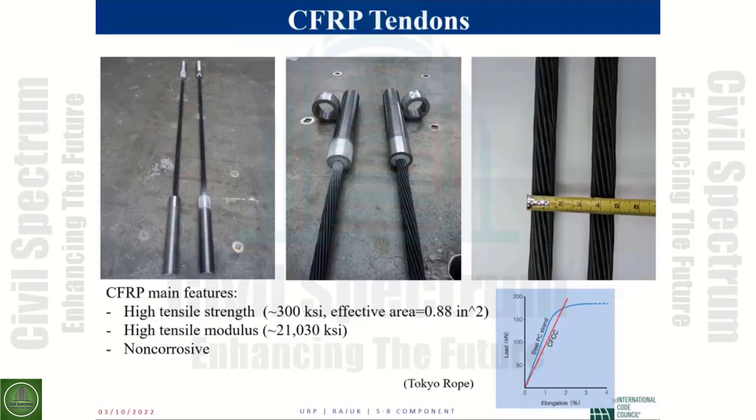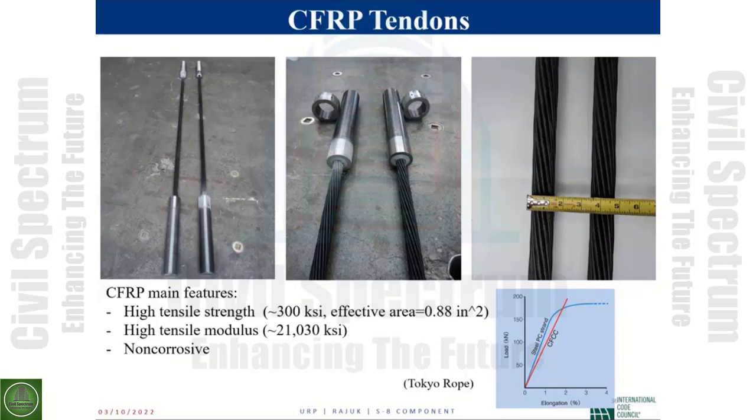Chances are you're familiar with regular steel tendons, but here we're using CFRP tendons. They have very, very high tensile strength, and if you look at the load elongation response, they're not that different from steel. They're a little softer, but of course they're not ductile. Once you reach the failure point, they fracture.